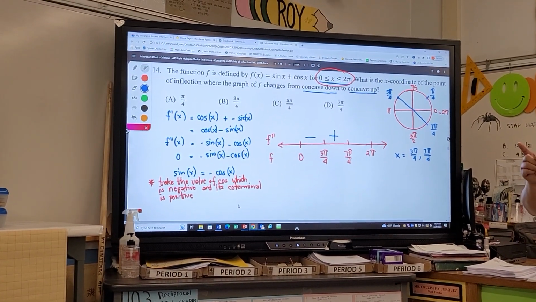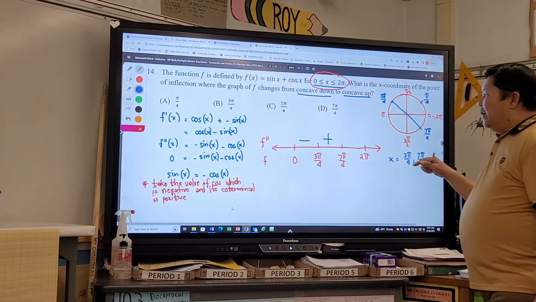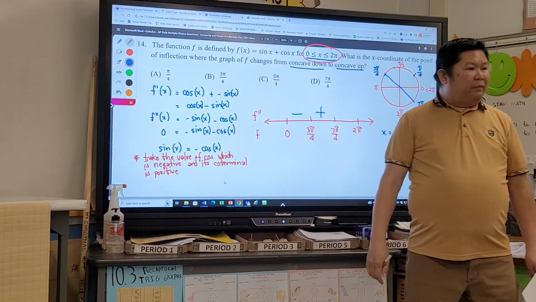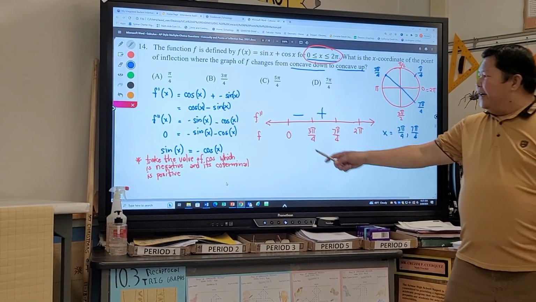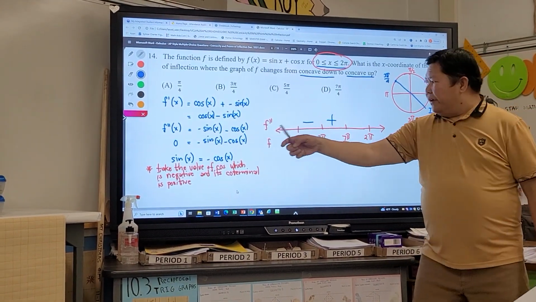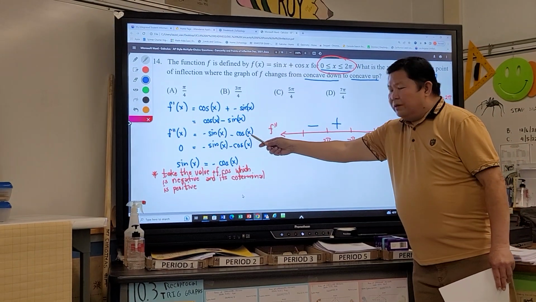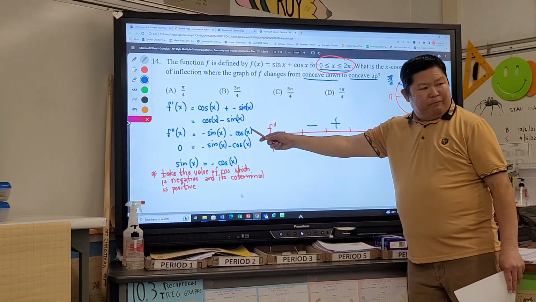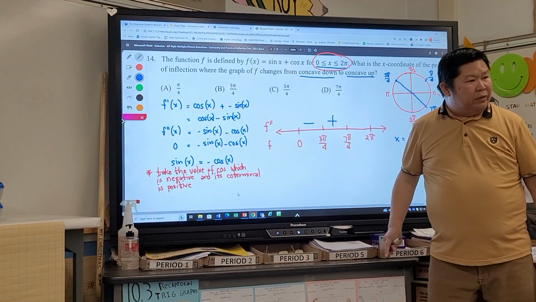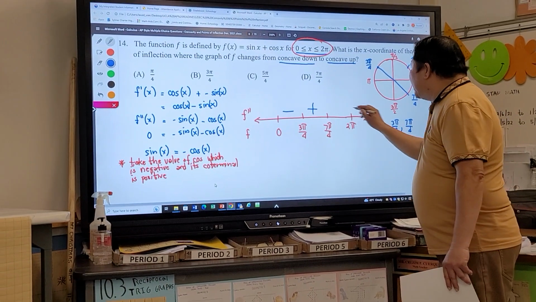Cosine is positive, while sine is negative. So negative times negative right here is positive, and then negative, since cosine is positive at 330 degrees, or negative pi over 6. So it's going to be negative. So right here it's negative.